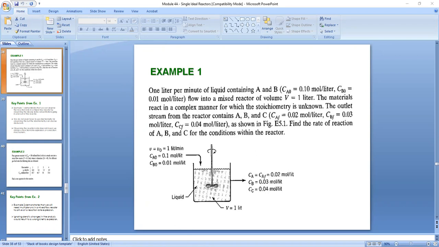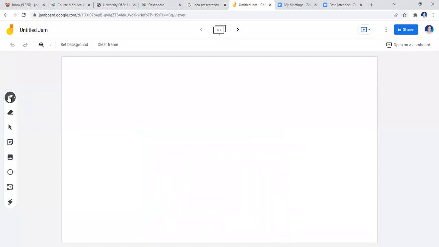and check. Okay, so this is our Jamboard. So we will write the given information.